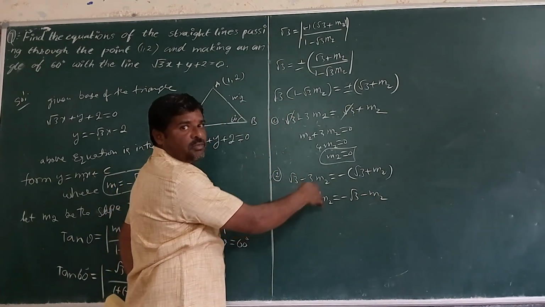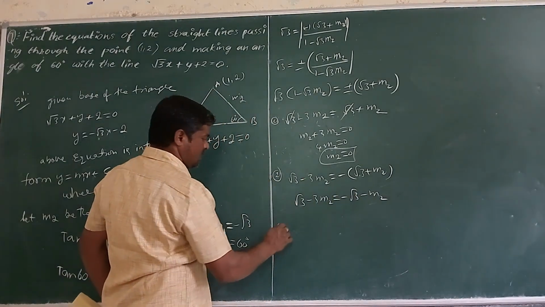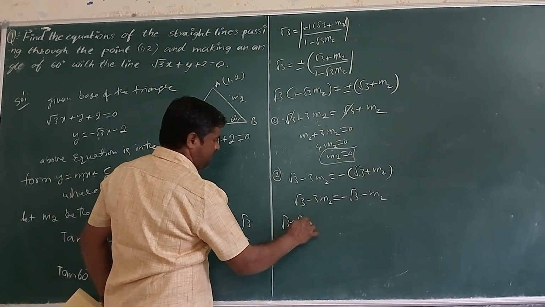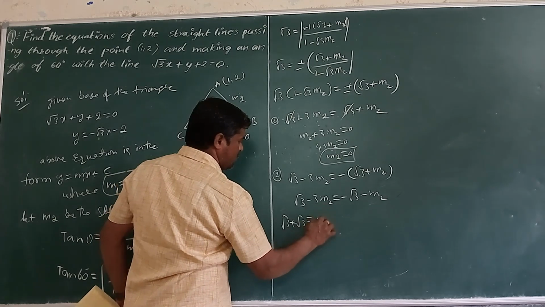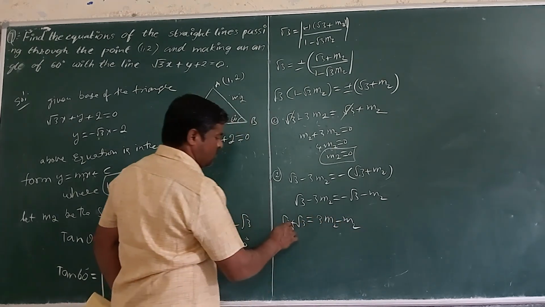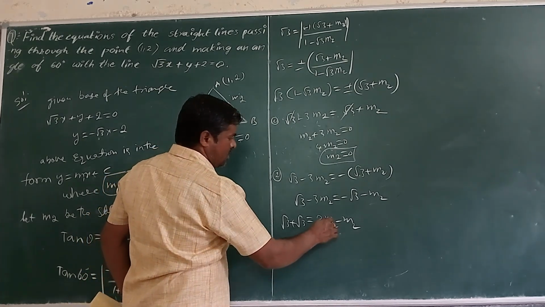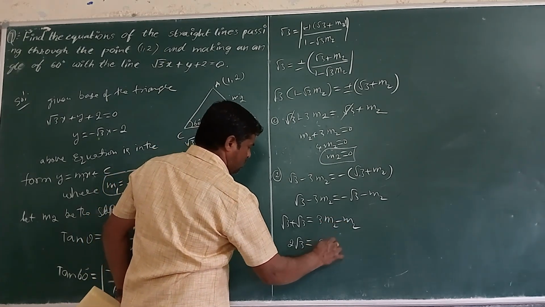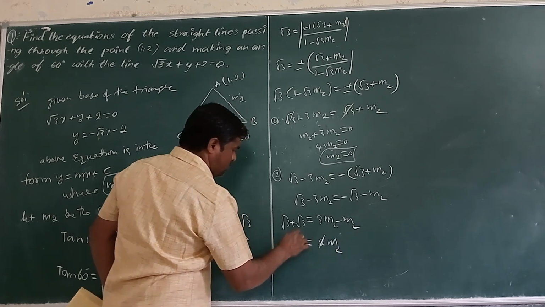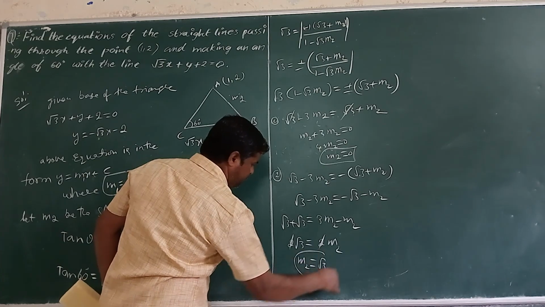Minus 3m2 transforms to RHS and becomes plus, and this one transforms to LHS and becomes plus. So root 3 plus root 3, that is 2 root 3, equals 3m2 minus m2, that is 2m2. 2 cancels, m2 equals root 3.